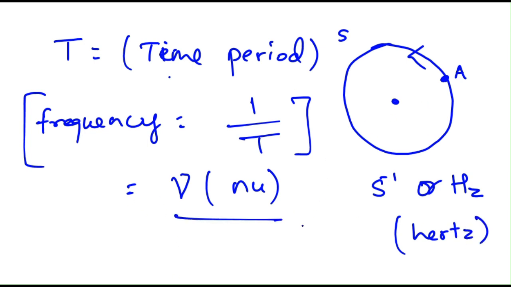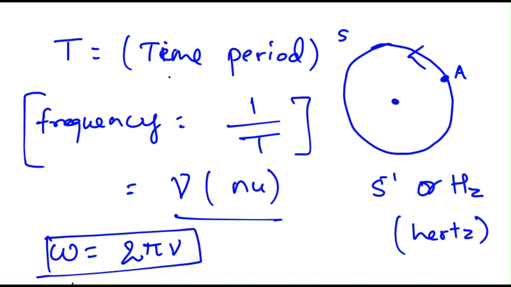Now we can proceed to angular frequency. The angular frequency will be nothing but the angular velocity, which we can write as 2 pi nu. Now, why am I writing this? What is the difference between simply frequency and angular frequency? Let's take these two aspects.